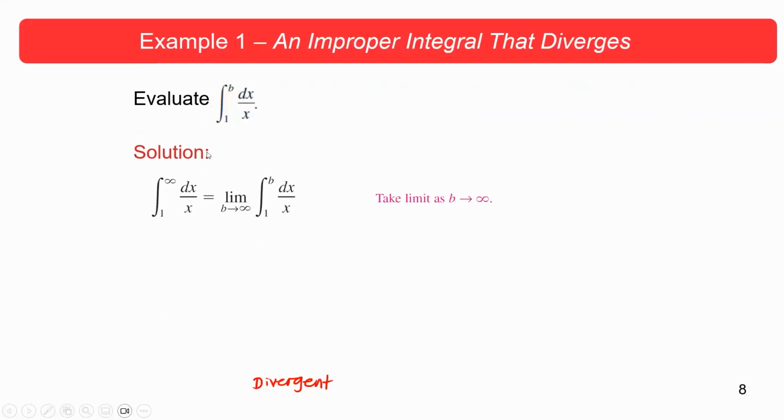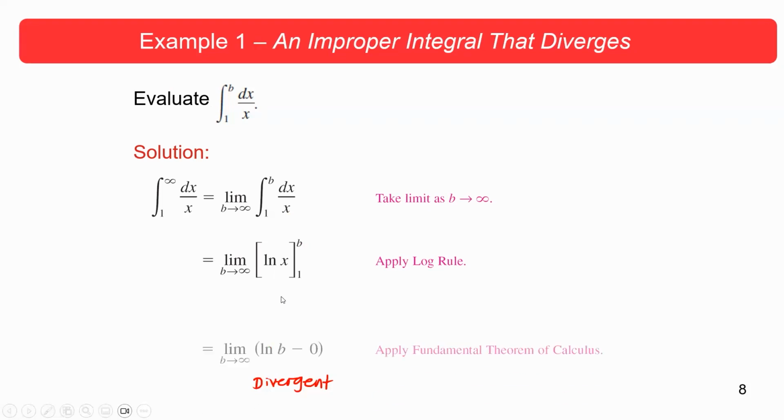So, for example, this one: we know you can't have infinity. So what we do here is, b approaching infinity, I need to write the limit term. After evaluating, we know it's ln of x from 1 to b. But b approaches infinity, so you need to write the term limit as b approaches infinity.